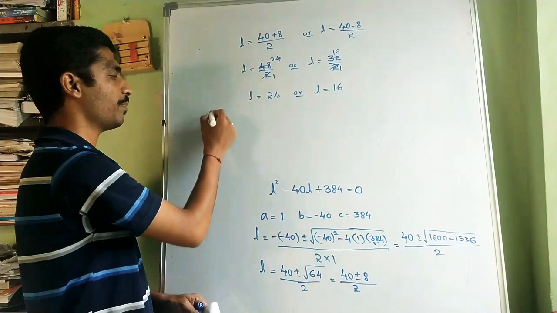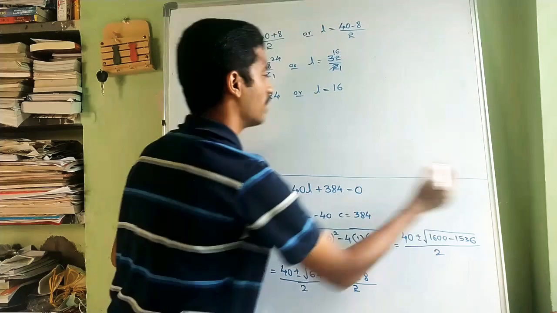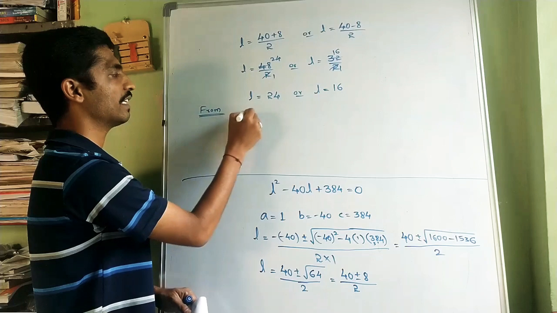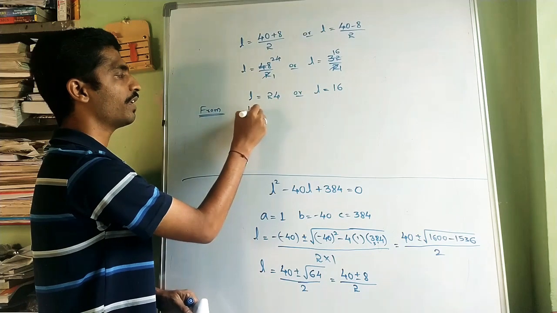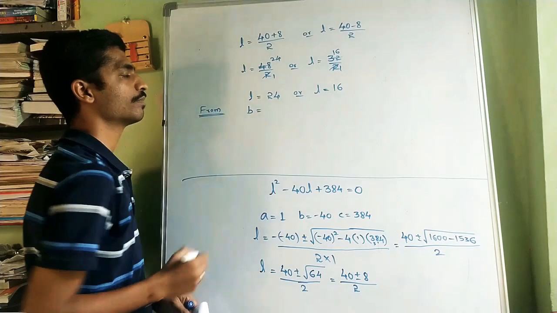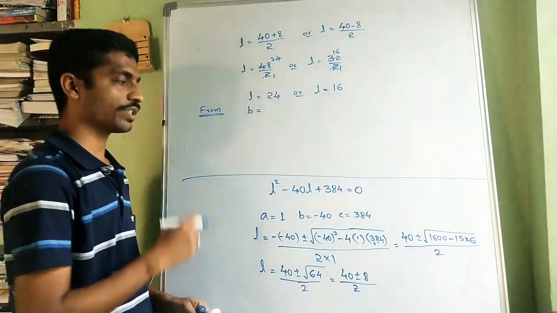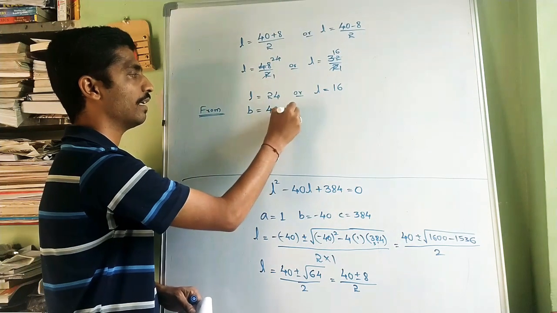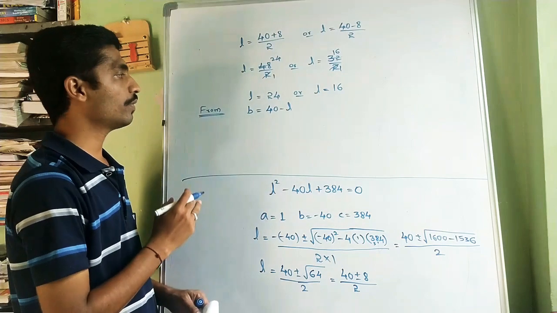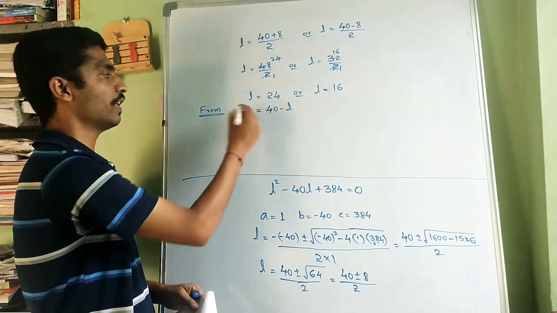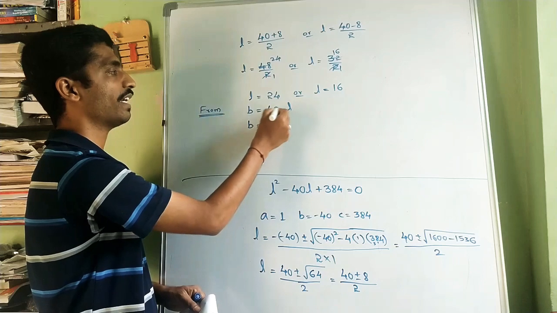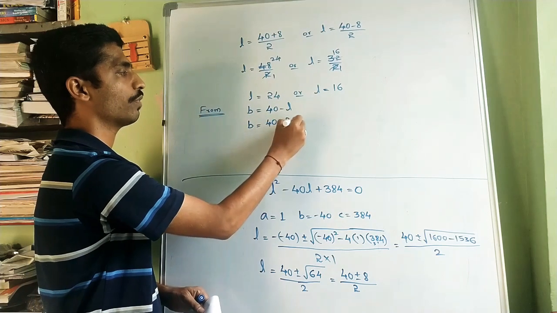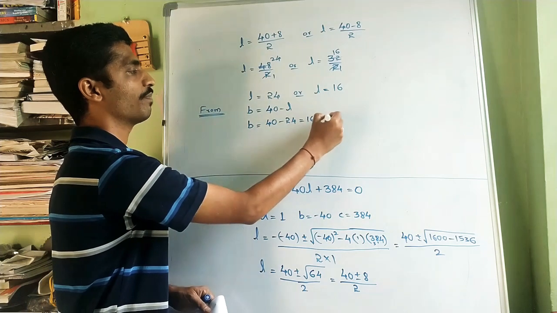Now from equation number 1. What does our equation number 1 say? That is B equal to how much? We got there in the first equation, that is 40 minus L. So B equal to, if I take L as 24, then it becomes 40 minus 24, we will get here 16.